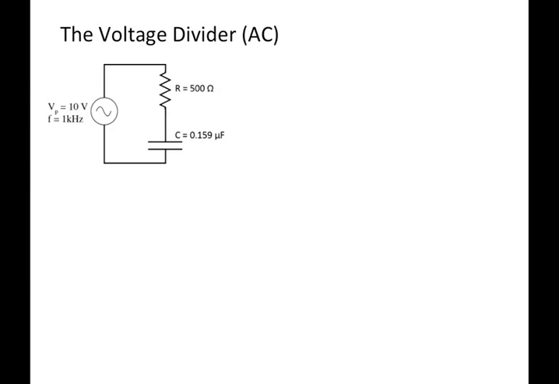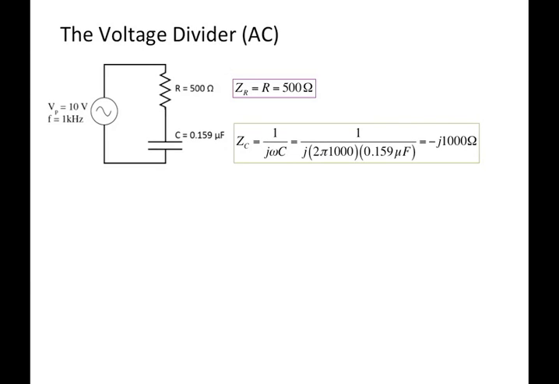Let's take a 10-volt signal generator, 1 kilohertz frequency. We'll hook in series a resistance of 500 ohms and a capacitor of 0.159 microfarads. That means the impedance of the resistor is 500 ohms, right? It doesn't vary, it doesn't depend on frequency, nothing's different. The impedance of the capacitor is 1 over j omega C, right?